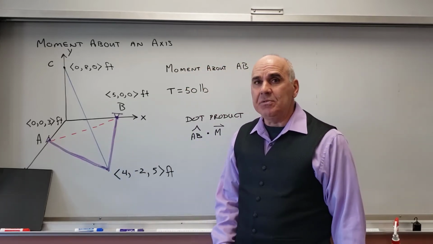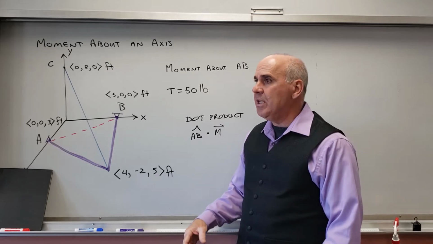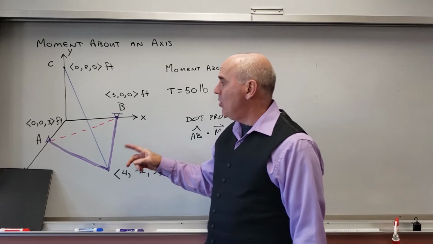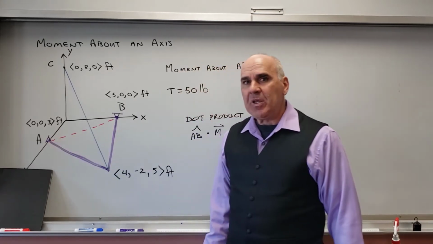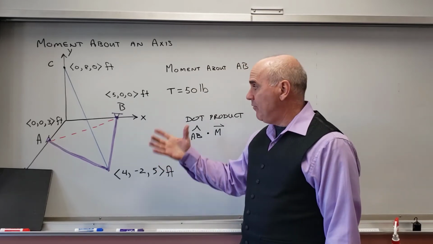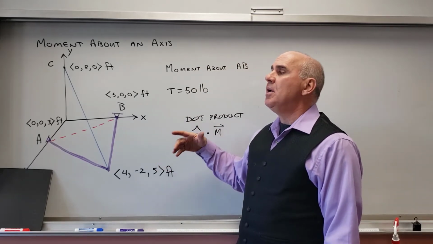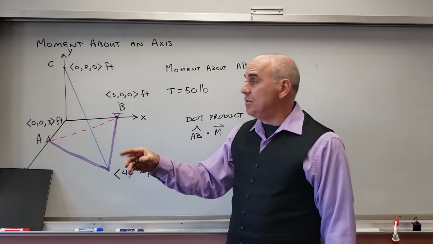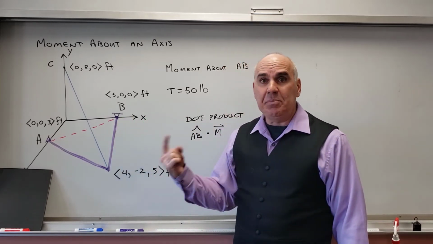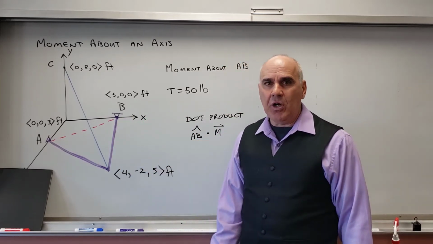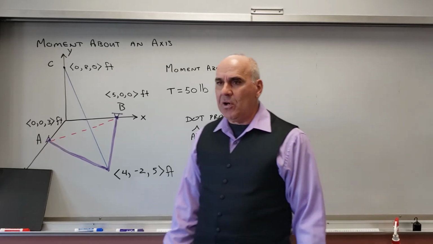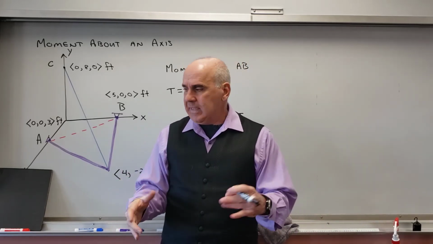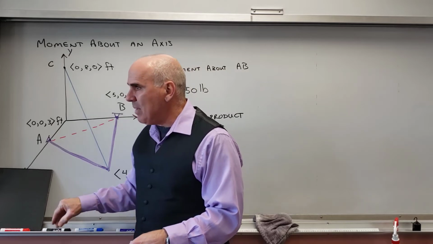My engineering challenge to you is to take the moment about A, find the moment about the axis, and then do the same thing with the moment around B, and you should get the same result.